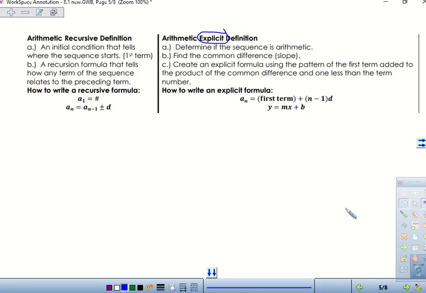So oftentimes you're going to have to come up with that formula on your own, okay? So the idea is if you have the first term and the common difference, you can find the 1,000th term, which of course you could do by continually adding the common difference, but nobody's got time to add 1,000 times. So this formula, you will often see it written like this.